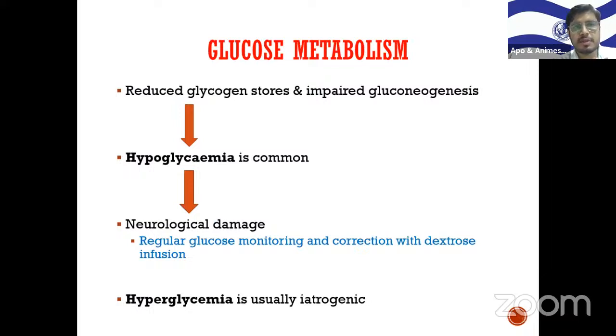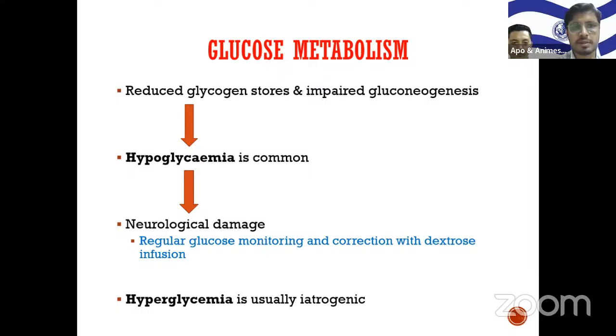Next is glucose metabolism. The newborn has reduced glycogen stores and impaired gluconeogenesis. So it will lead to hypoglycemia, which is quite common in infants and neonates, and it may lead to neurological damage, especially in preterm neonates.